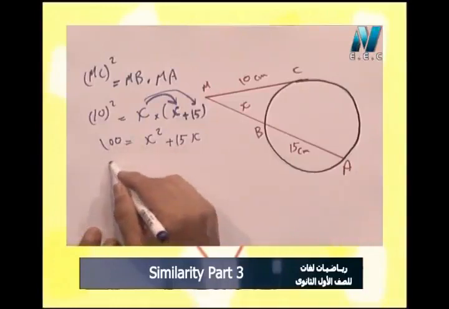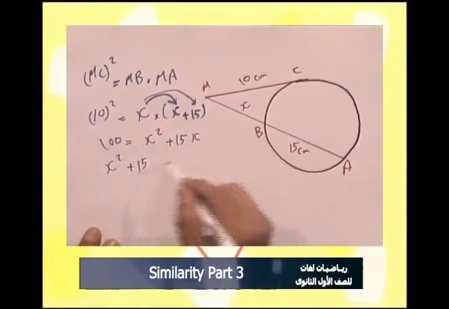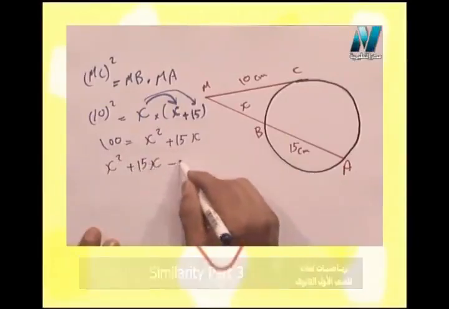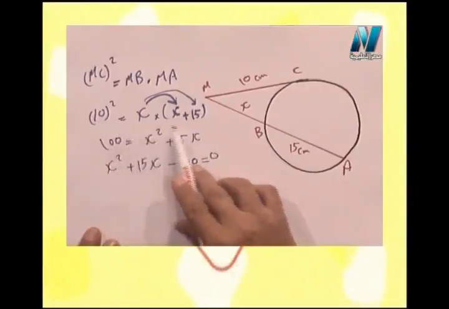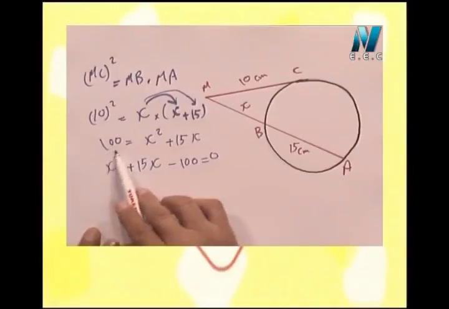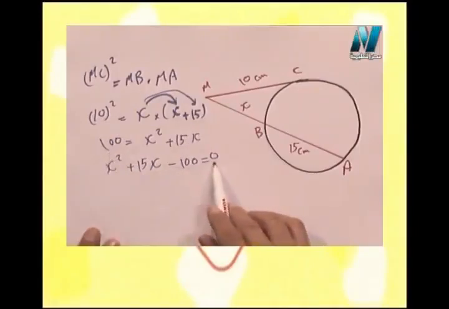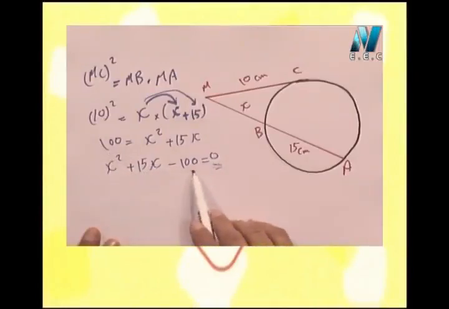Write it in the form X power 2 plus 15X minus 100 equals 0. I take the 100 to be negative, and nothing remains on the other side, so it is 0.